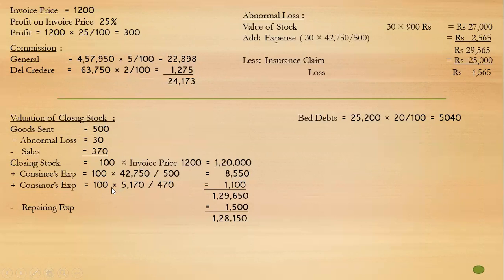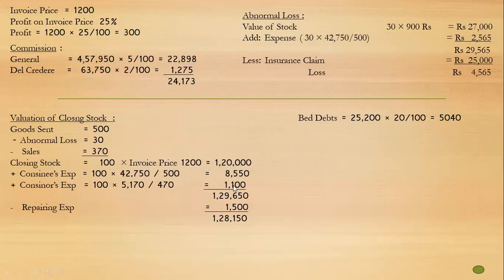And for the consignor's expense, we calculate only octroi, that is 5,170. So we calculate 100 into 5,170 divided by 470, because the consignor received only 470 radios, not 500. So that is 1,100.